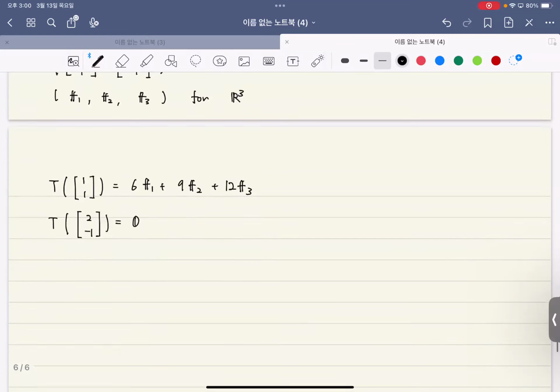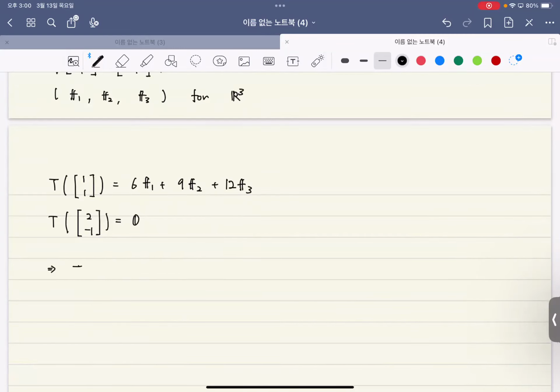basis B1. So this time around, the matrix representation of the same linear transformation, but now my input basis has been changed from the standard basis to B1, and the matrix representation must be 6, 9, 12, and 0, 0, 0.